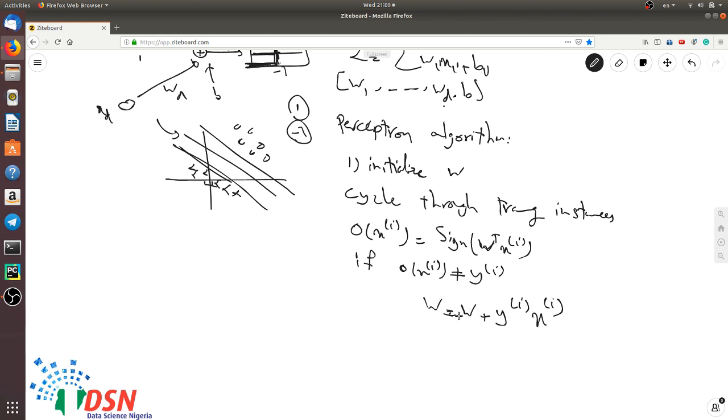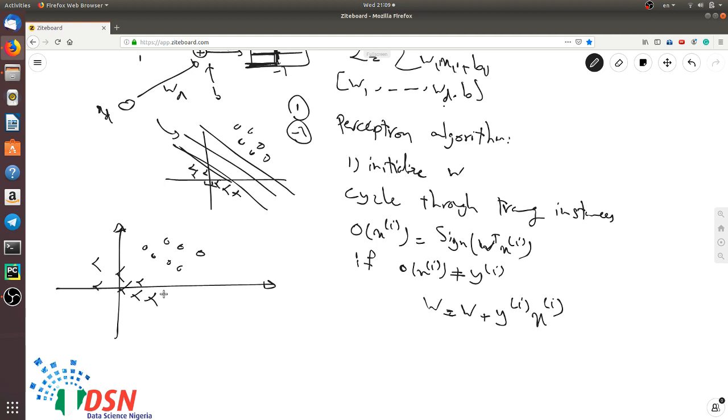Okay, the good news is that if the data are linearly separable, then the perceptron algorithm converges to a feasible solution. If you want to have an intuition about how this algorithm works, it is really simple.